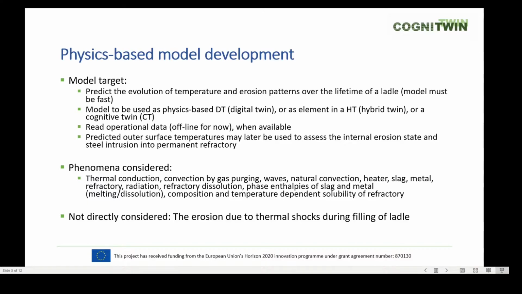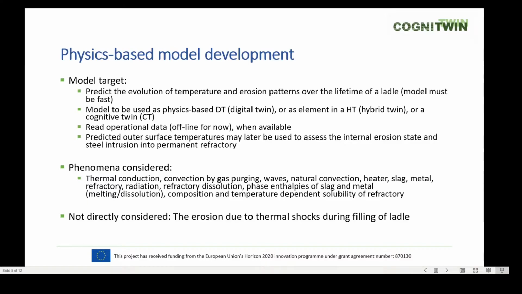The phenomena which we consider are thermal conduction in both liquid and solid materials, convection by gas purging, the effects of waves, natural convection, the heaters, the slag and metal, refractory, and radiation.